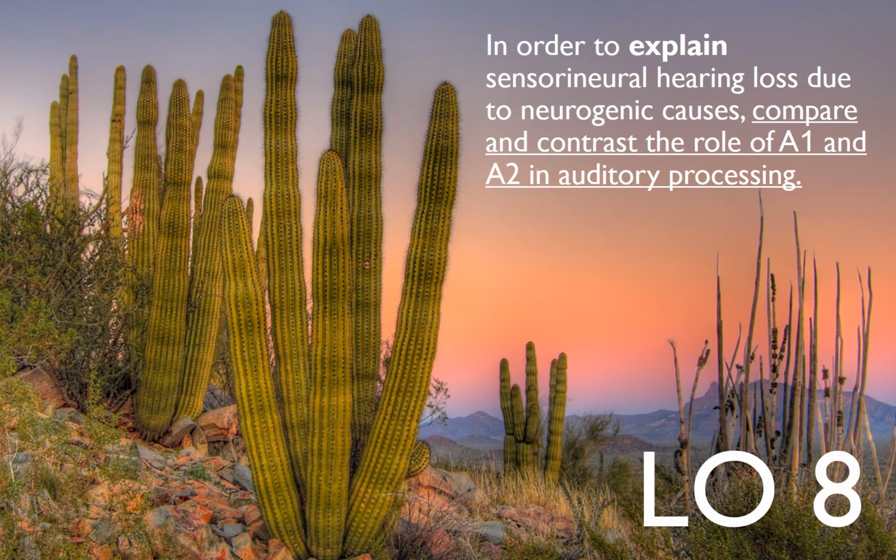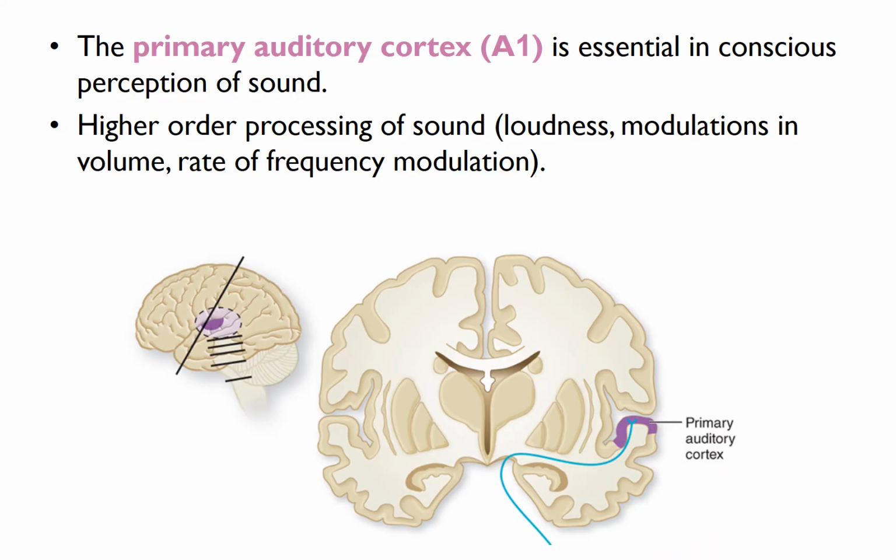Learning Objective 8 is about brain processing of auditory input. Similar to the somatosensory and visual systems, the auditory system likewise has a primary and secondary auditory cortex. The first one is A1, or the primary auditory cortex.